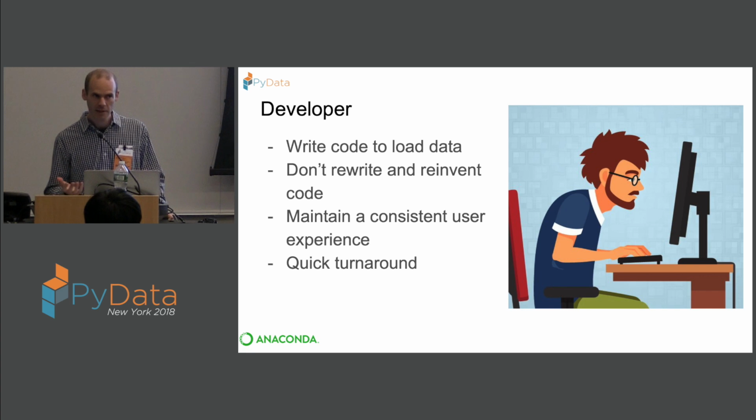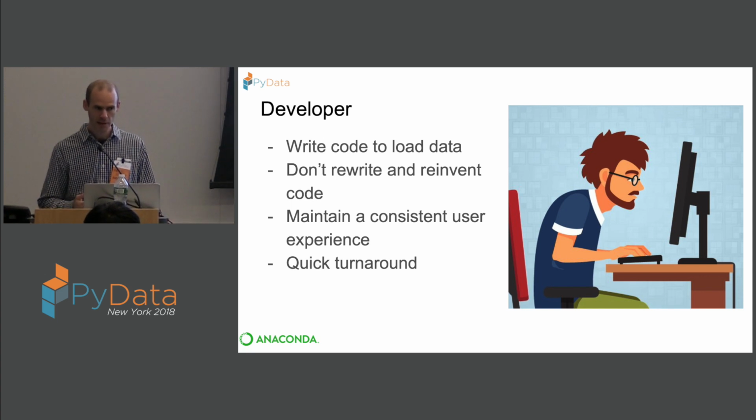You want the user to be able to use something that's familiar, that's the same every time. Let's say it's the Avro case. If you want to write a read Avro function that returns data frames, you can make a separate package which you then have to distribute. You're probably not going to approach Pandas itself and say, hey, I have this new code and I want you to include it in your code base. Well, you might, but that won't get back to you fast enough for the user that actually wanted that code.